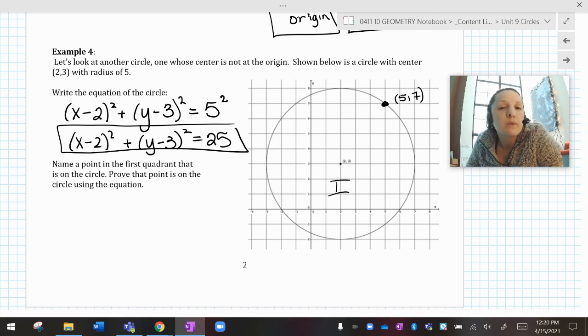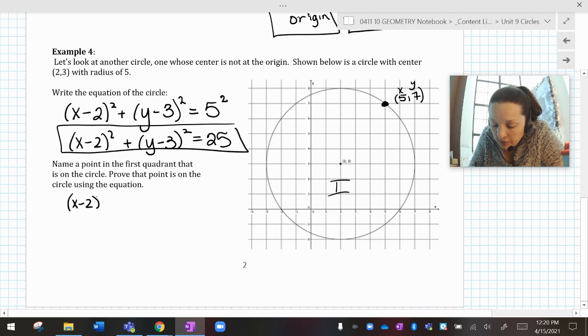Well, if you want to prove that a point is part of a line or a parabola or a circle equation, all you're going to do is put 5 in for x and 7 in for y and see if the equation still works. So I start with x minus 2 squared plus y minus 3 squared is 25. That's the whole circle.